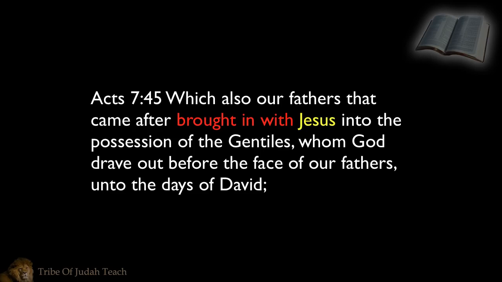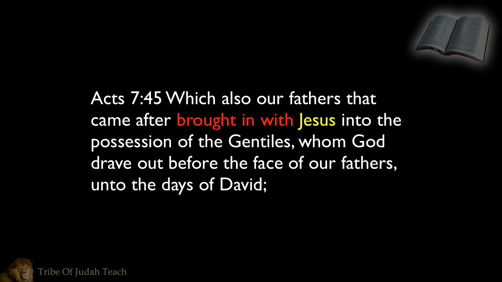So here it says, our fathers that came after Moses brought the tabernacle into Canaan with Jesus. Now we know this is not talking about the Messiah because he wasn't physically there. So why does it say Jesus? Because it's talking about Joshua. Joshua and Jesus is the same name.